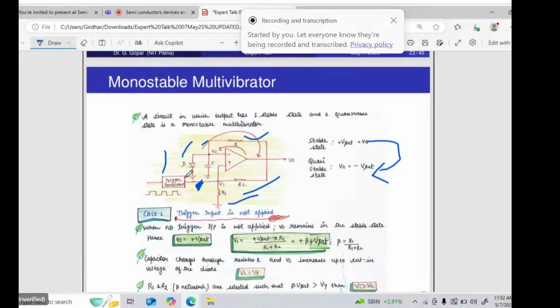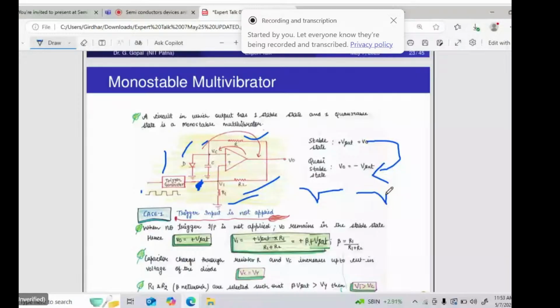This negative spike will enable the input V1 to switch the output from plus V sat to minus V sat.